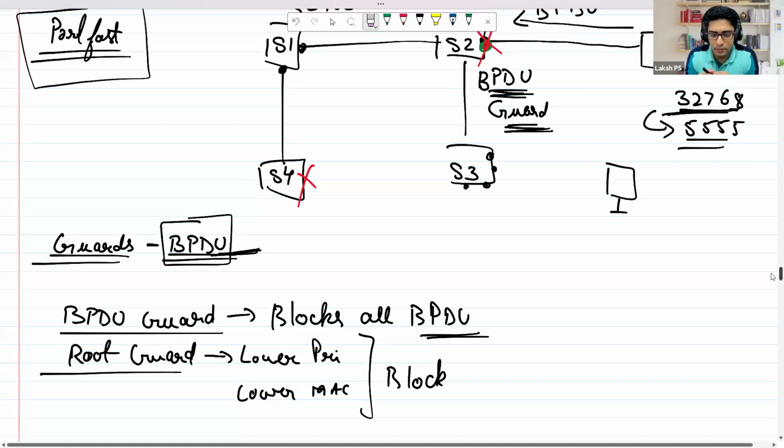Yes. Okay. So suppose if anyone asks in an interview, we can say these two lines: BPDU guard will block all BPDUs, no matter lower or higher, and root guard will only block the lower priority and lower MAC address, right? Yes. That is why BPDU guard is preferred over root guard.